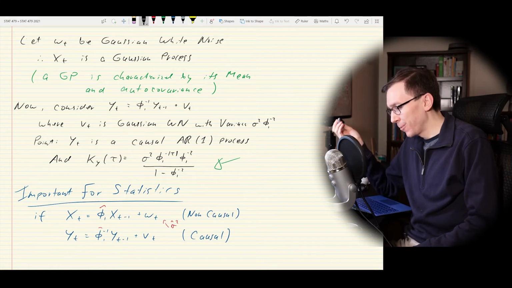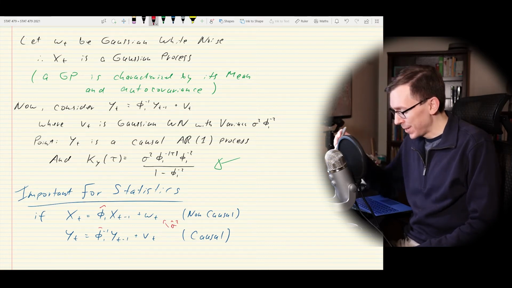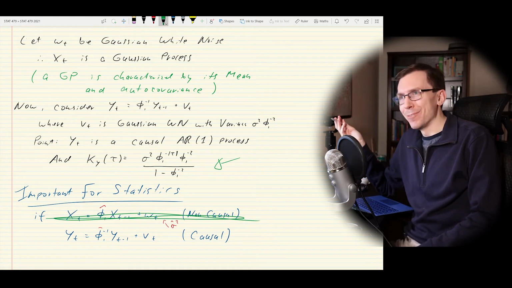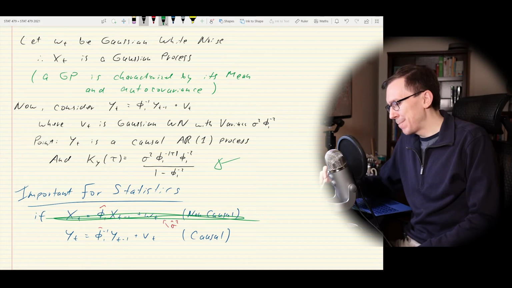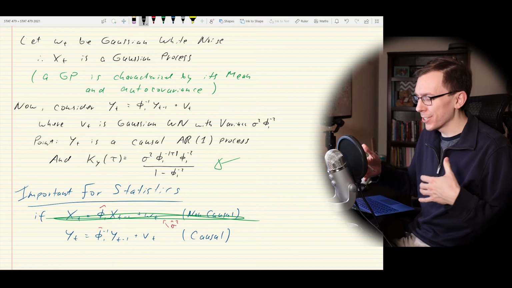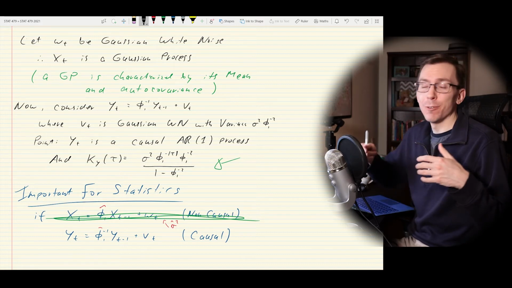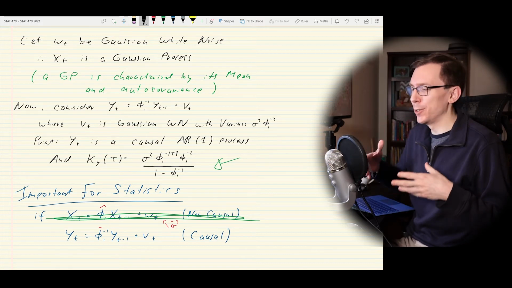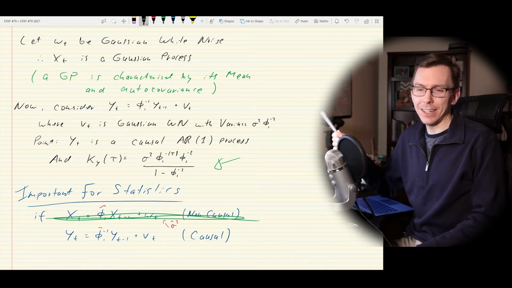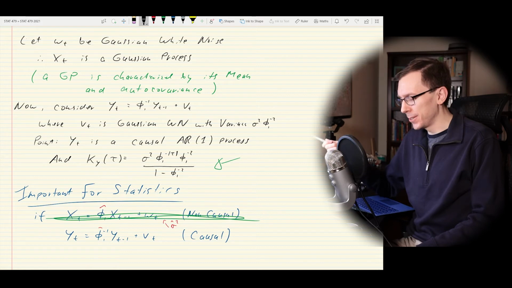So what do we do? We cross out the non-causal one and we say, you know what? We live in a causal world, at least as far as we can tell. So we typically want the past to predict the future. So when we try to do estimation for an autoregressive process, we only estimate causal models, or in the case of the random walk, we may get a non-stationary model.